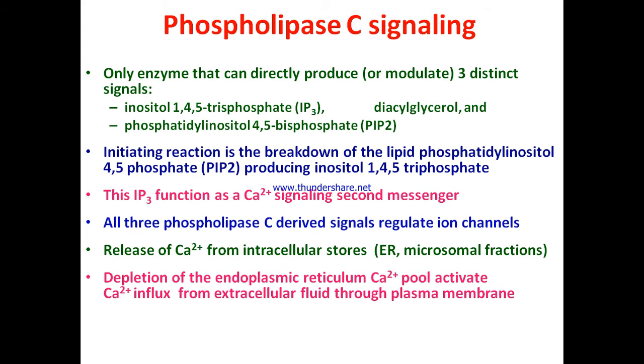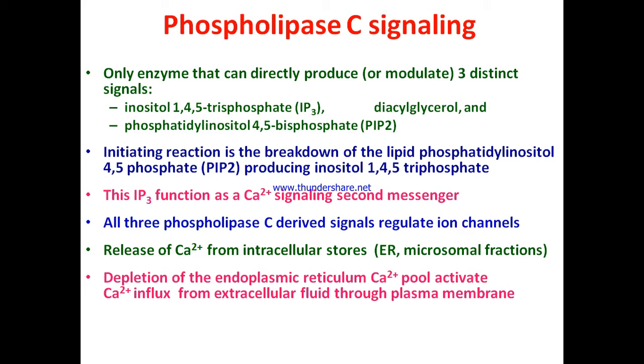This is the only enzyme that can directly produce or moderate three distinct signals. These three distinct signals involve inositol 1,4,5 triphosphate or IP3, diacylglycerol DAG and phosphatidyl inositol 4,5 bisphosphate PIP2.